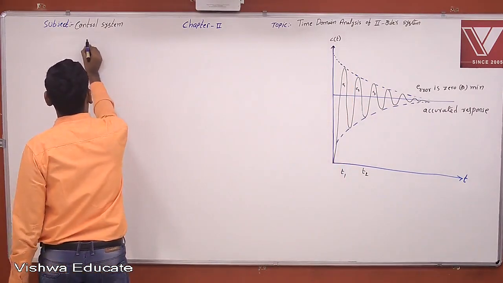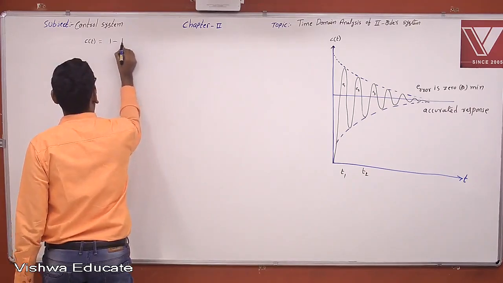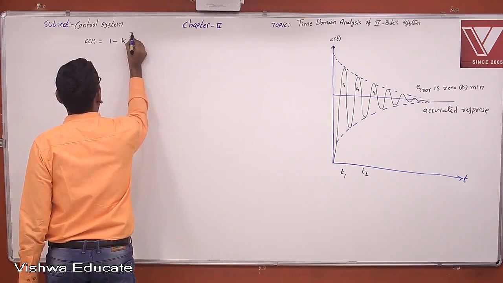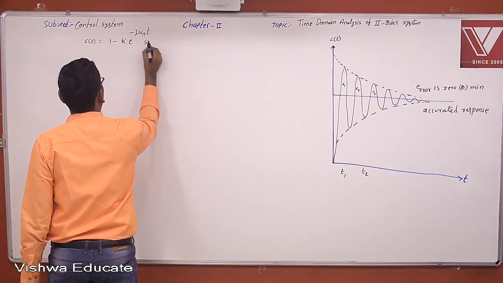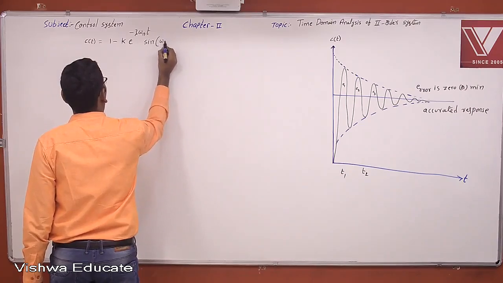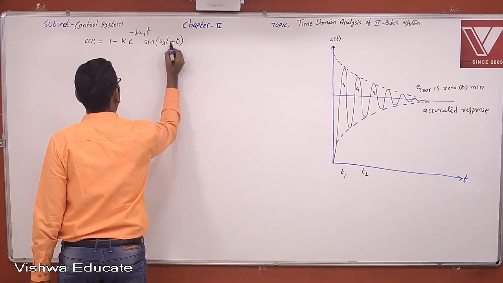What is the underdamped response? The underdamped response C of t is equal to 1 minus some constant into e power minus zeta omega n into t, sine of omega d t plus theta. What is theta? I will tell you.